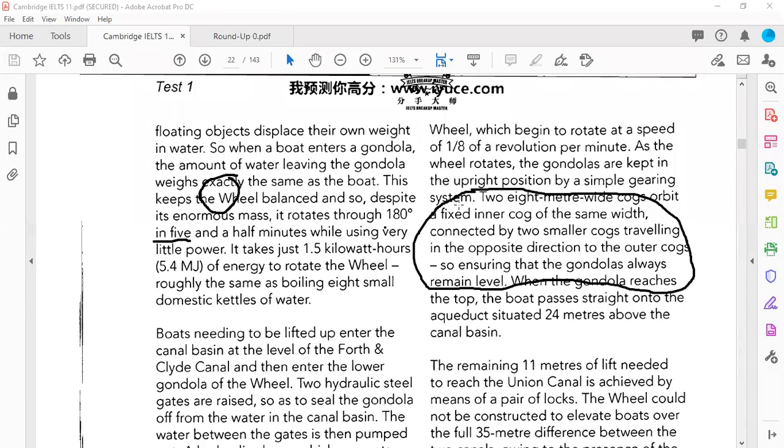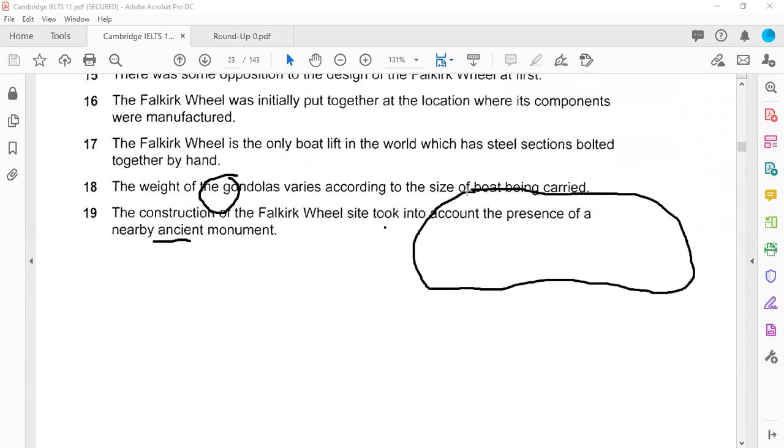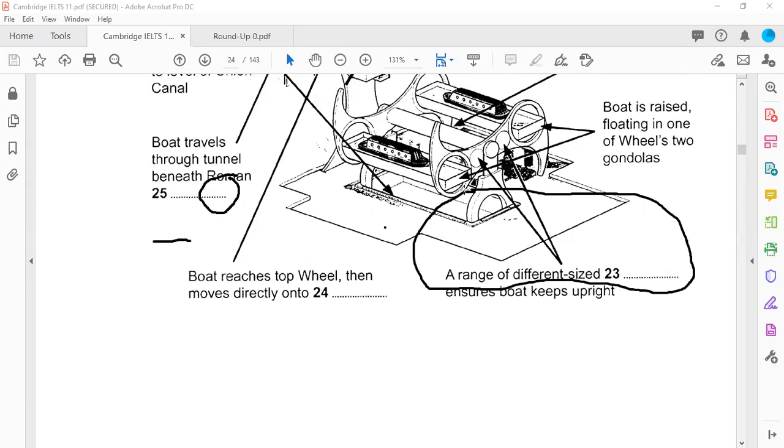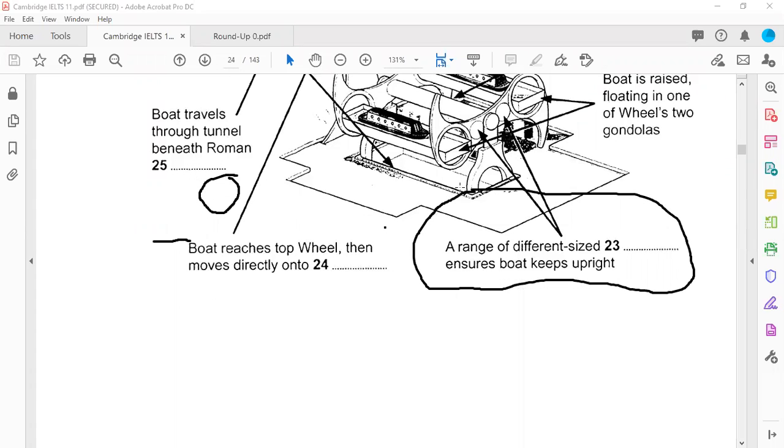Cogs. I think it's cogs. A range of different size cogs ensure boats keep upright.